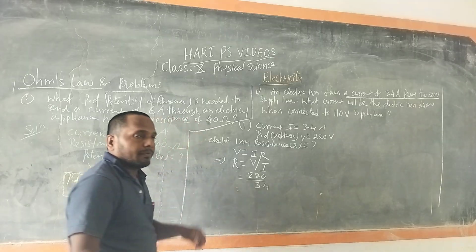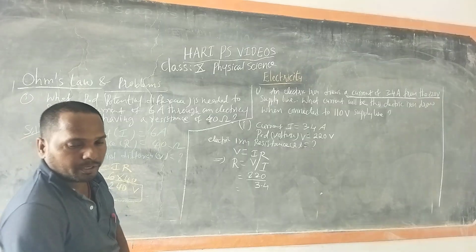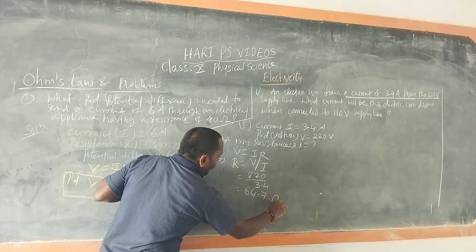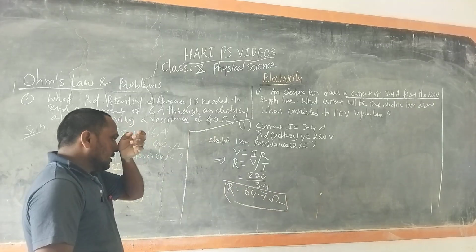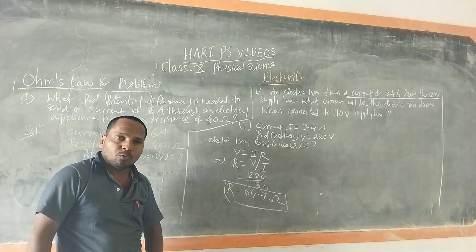After the simplification, we get 64.7 ohms.